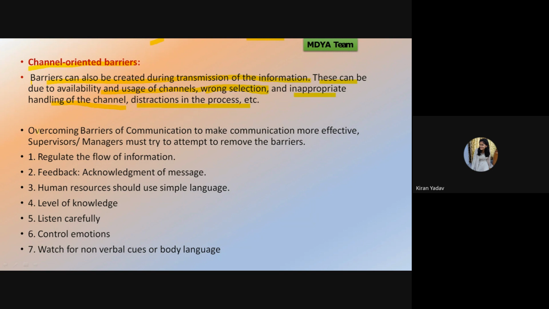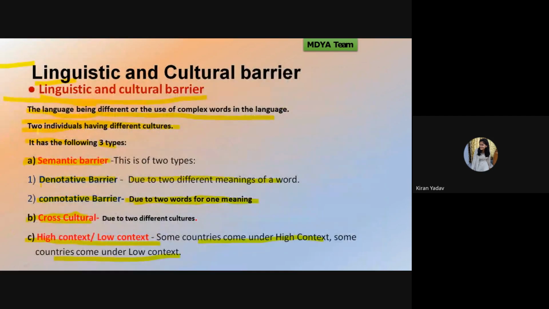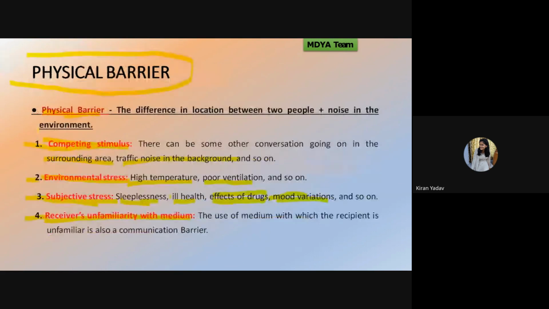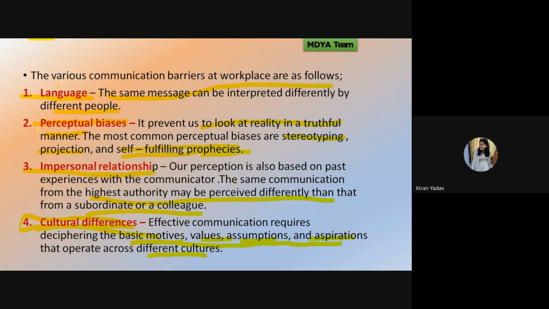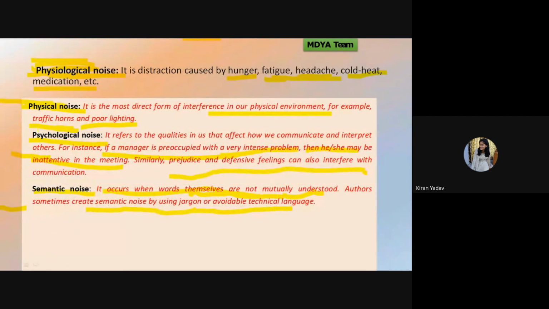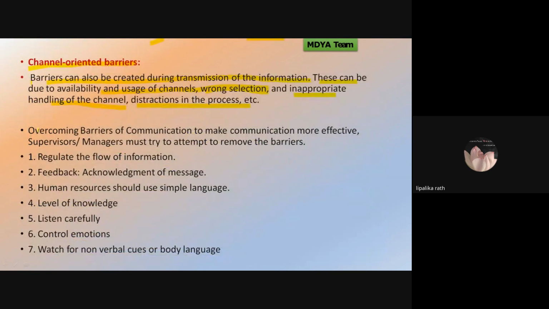Now we have seen all the barriers. Now tell me, how will you overcome these barriers? What can you do? Where is the problem arising? We have to remove that problem.